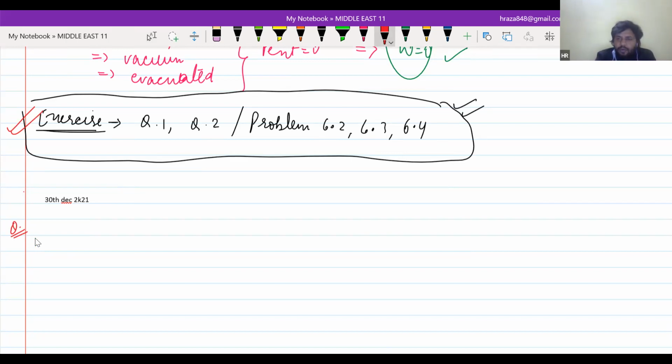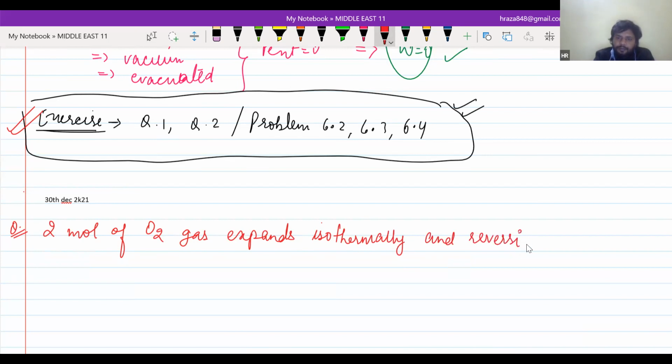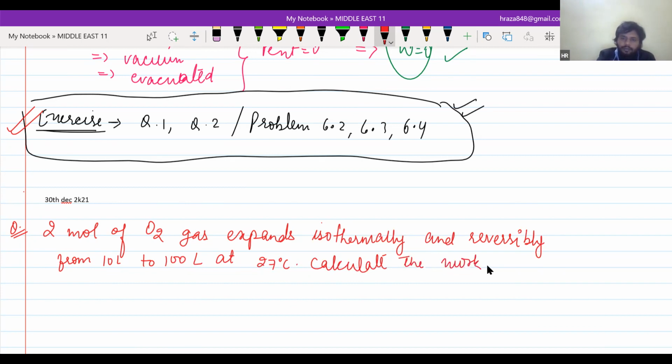Today we will do some questions on reversible processes. 2 mole of O2 gas expands isothermally and reversibly from 10 liter to 100 liter at 27 degrees centigrade. Calculate the work done.